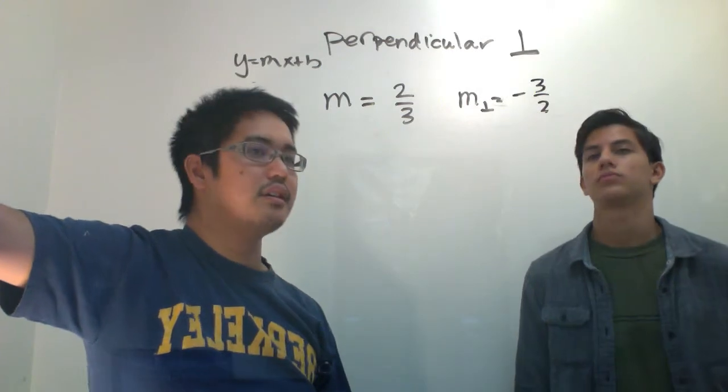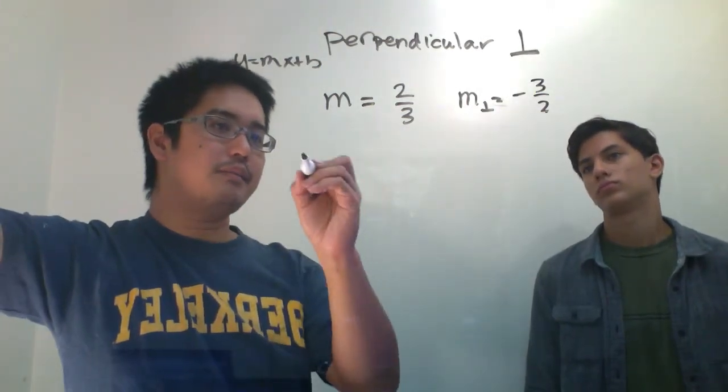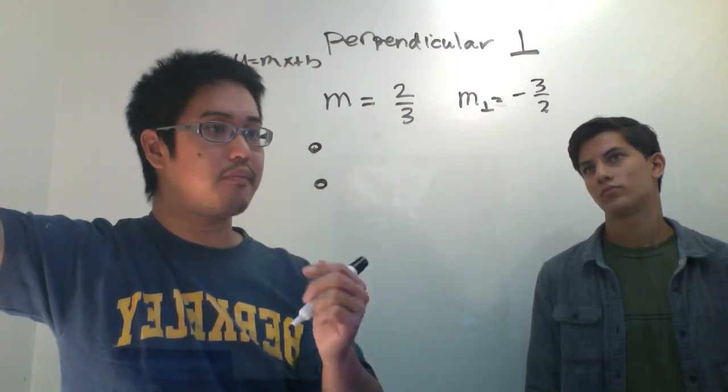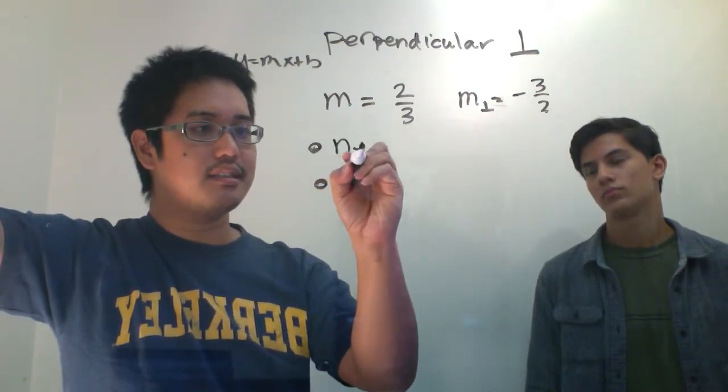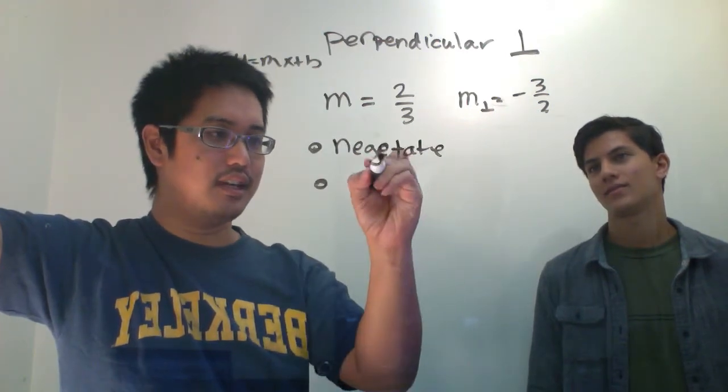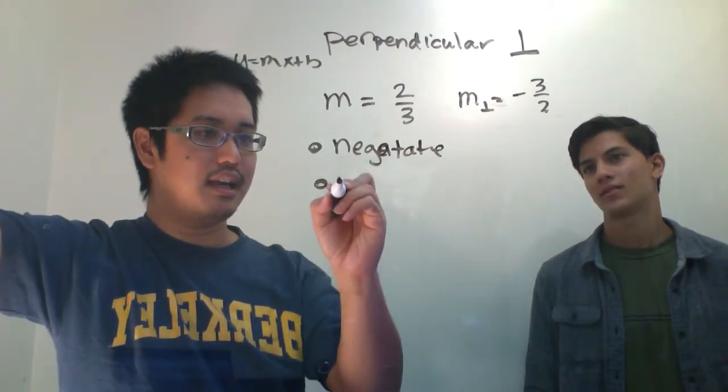Perfect. So I'm going to make up two words. To find the slope of a perpendicular line, you negatate and reciprocate.